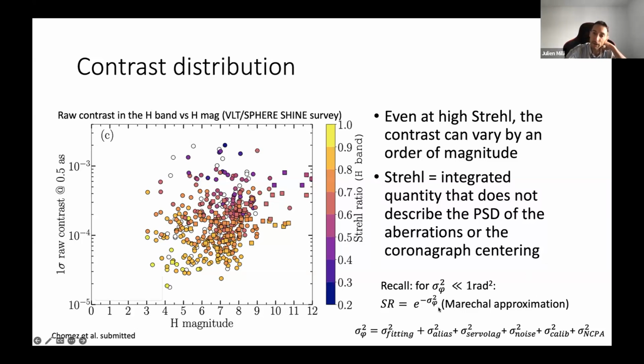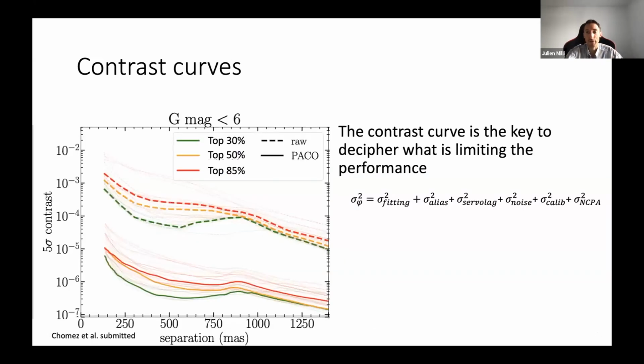So we typically call this wavefront error sigma phi, shown here in this equation, and we can decompose it in various terms coming from the various contributors to your error budget in an adaptive optics system: the fitting error, the aliasing, servo lag, noise, calibration, or non-common path aberration. And we'll see in the next slide where all those errors actually play on your contrast curve.